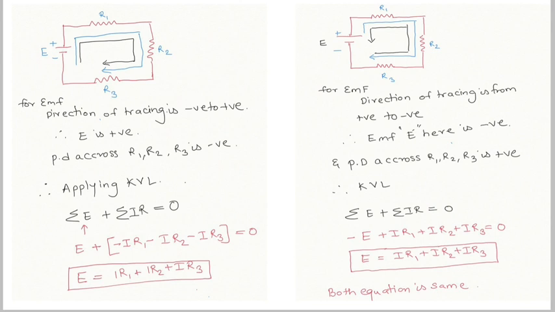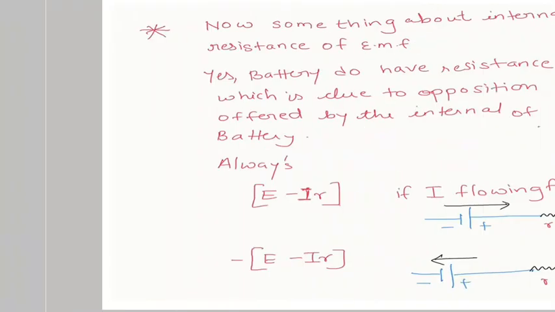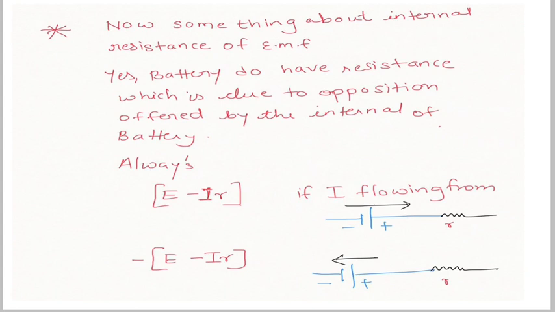Both equations are the same, so you don't have to worry about which method to follow, but I prefer the method where both directions are the same because it is a much simpler way. You don't have to think a lot, but you should remember at least one of them to solve different questions.